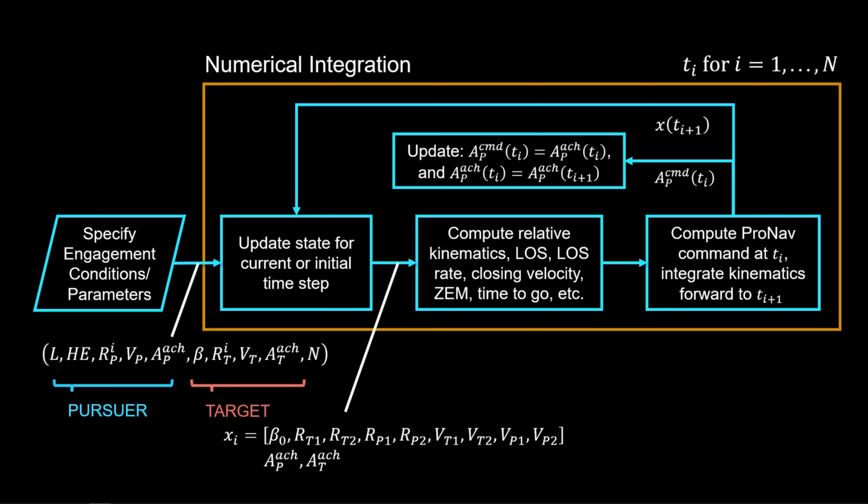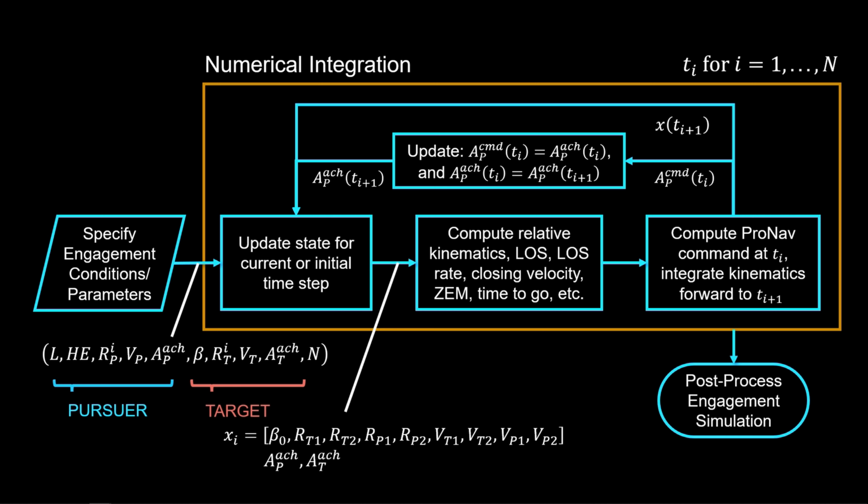It's instantaneous. In addition, it's assumed then that at the next time step, t i plus 1, we begin with that achieved acceleration. The index then overall is updated to i plus 1, and the loop continues in this way until finished. The simulation results are stored, and the data is post-processed.